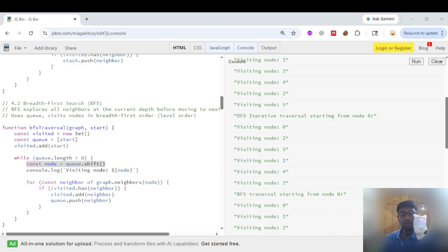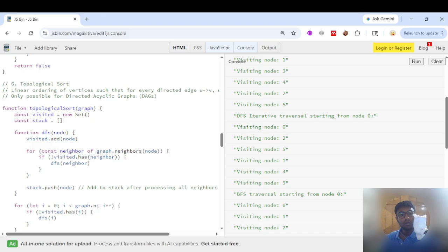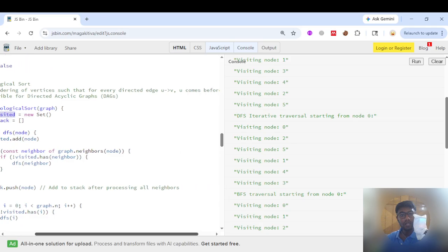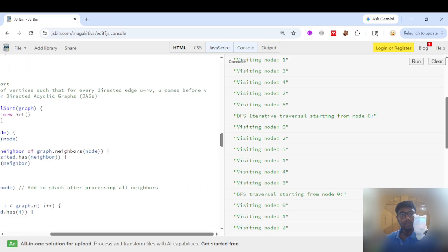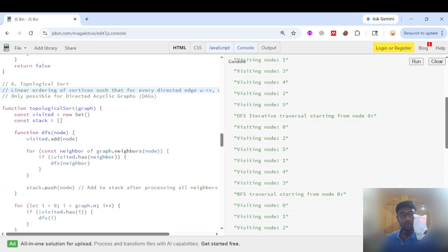So let's look at a small code snippet and quickly wrap this session up. Topological sort for a graph is a linear ordering of vertices such that for every directed edge UV, U comes before V, right? And there is also this word called directed acyclic graphs.